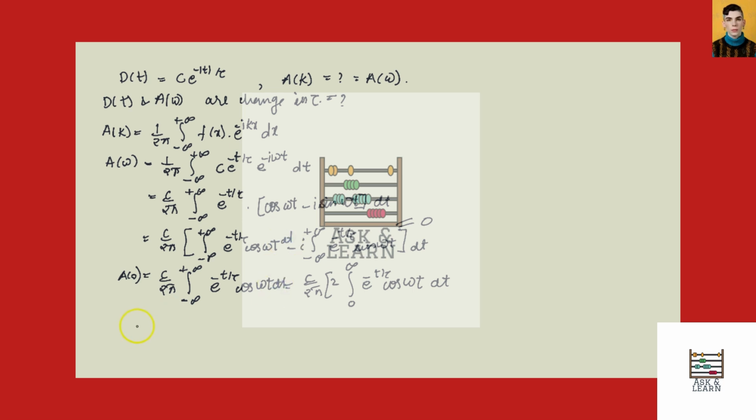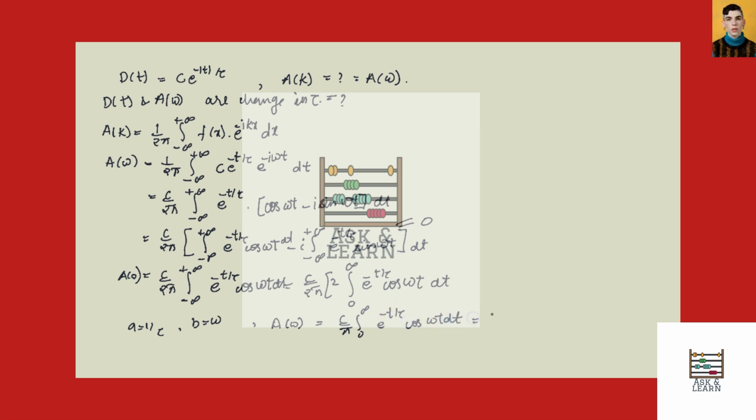So on integrating, since that integral doesn't have a closed form solution, we can take a equals 1 by tau and b equals omega. So A(omega) is equal to C by pi integration 0 to infinity e to the power minus at cos omega t dt.